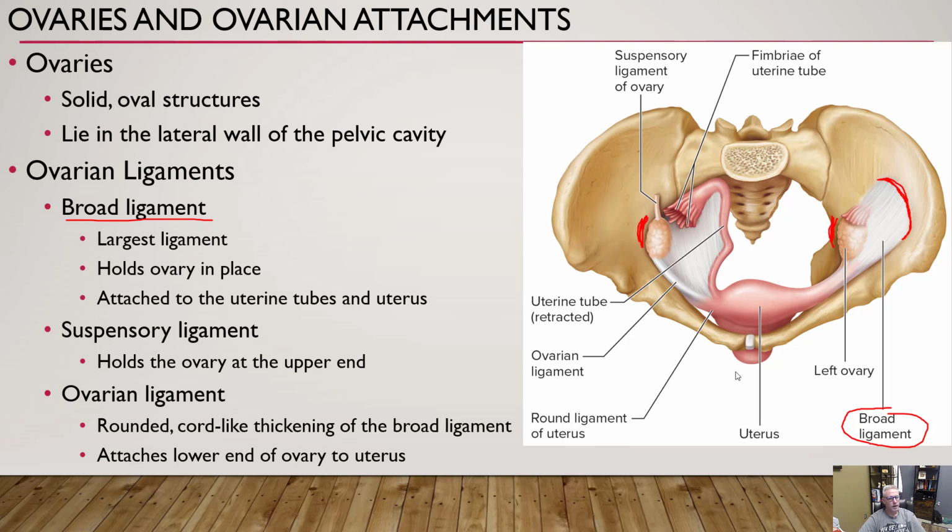And then you have the suspensory ligament. There's the suspensory ligament, and that's just going to hold the ovary in place on the superior end. And then you have the ovarian ligament right there that's going to hold the inferior end of the ovary to the uterus.